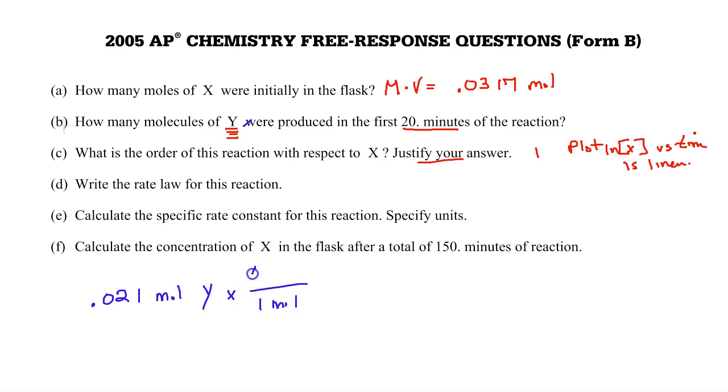Every mole is equal to 6.02 times 10 to the 23, and that's molecules. So take that, and I'm going to times that by 6.02, second function e to the 23, and what I get is approximately, keeping 3 sig figs, 1.25 times 10 to the 22 molecules. Now, of course, it probably would be atoms, but hey, molecules of Y.